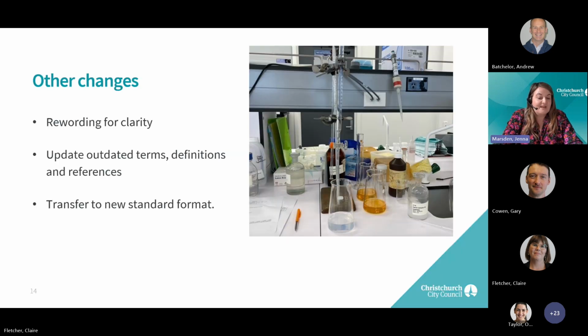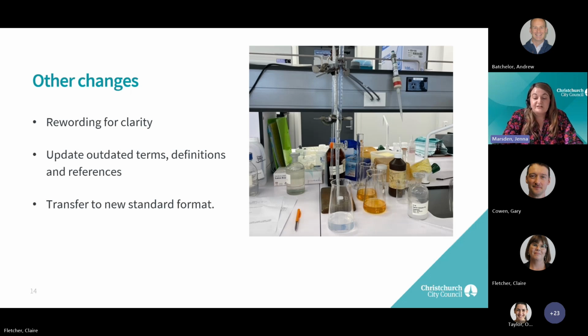Okay, thank you. So in addition to the key changes that Gary, Andrew and myself have outlined, we also propose some minor amendments, including changing some wording to improve clarity without otherwise affecting the intent of the bylaw, updating outdated terms and references, particularly to legislation and other documents, updating definitions to improve clarity and consistency.